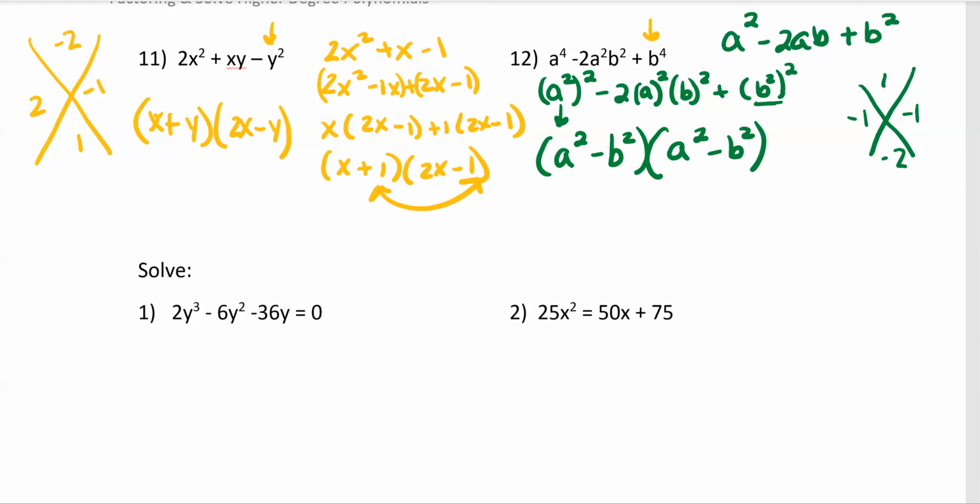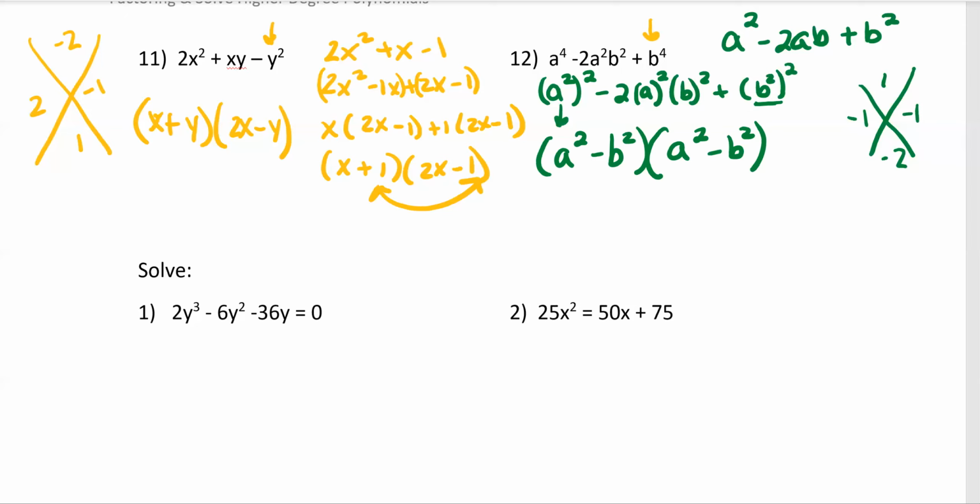So if we multiply this back together, a squared times a squared is a to the 4th. The middle term, negative a squared b squared plus negative a squared b squared is -2a squared b squared. And negative b squared times negative b squared is positive b to the 4th.